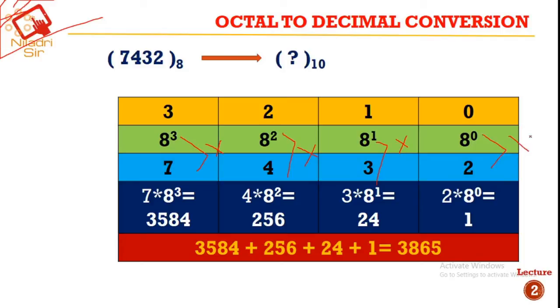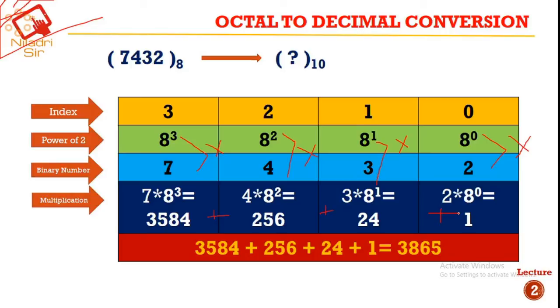After multiplication, these values will be added. These are the index powers of 8, this is the octal number, this is the multiplication, and this is the decimal. So these are the answers.